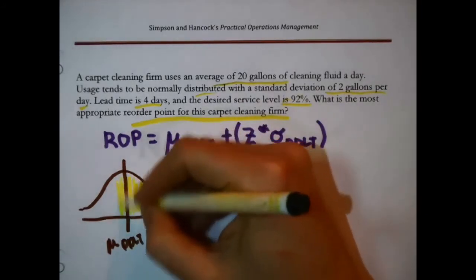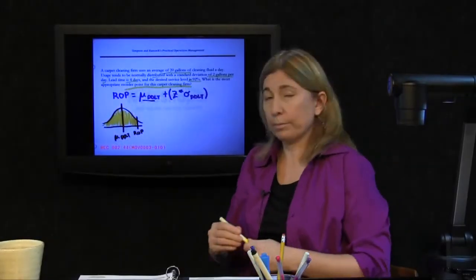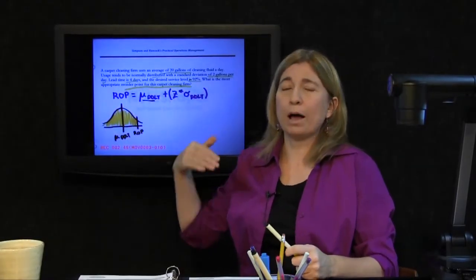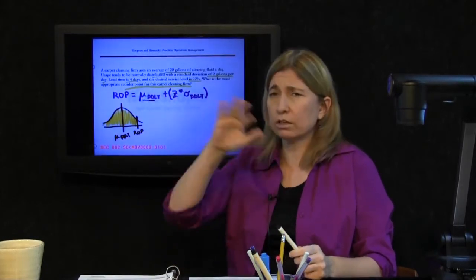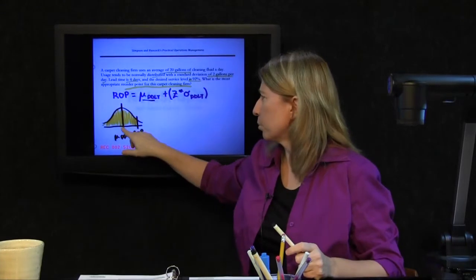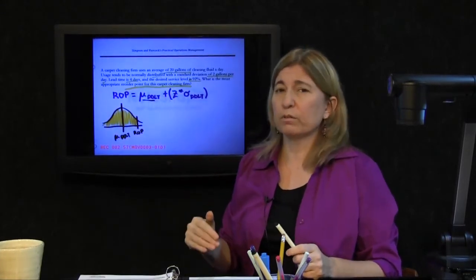When you set a reorder point, this distribution is meant to represent every possible amount of demand during lead time that might happen, and then the height of the curve over any one point, remember these are numbers here, represents the likelihood of that particular level of demand.